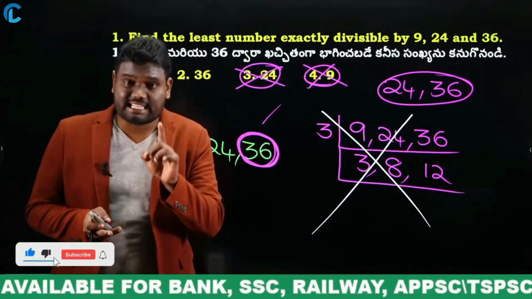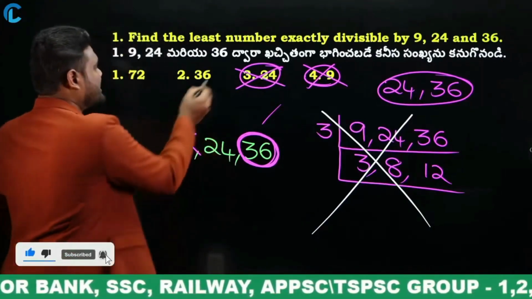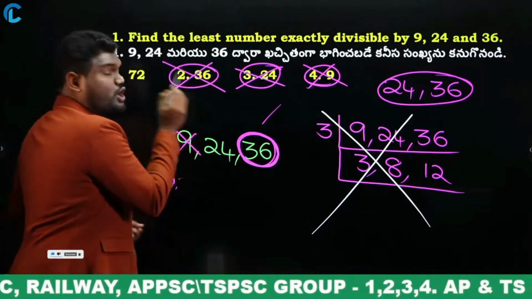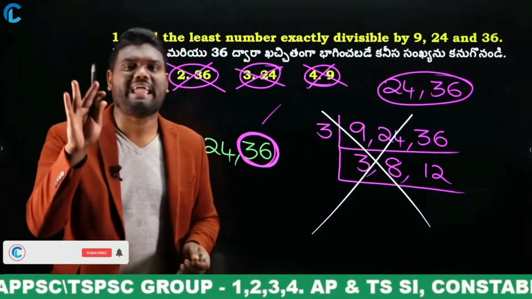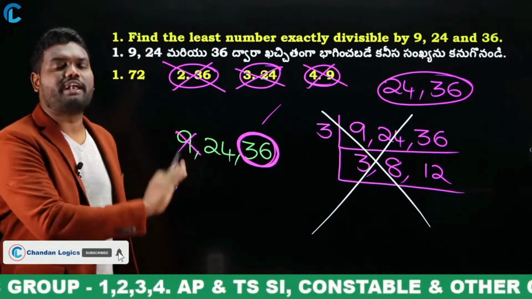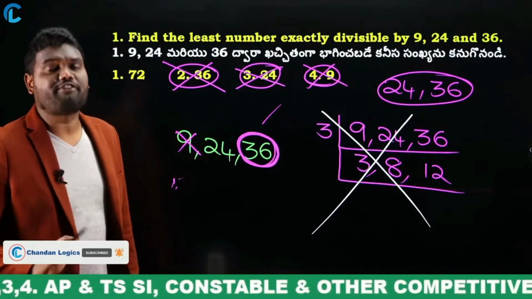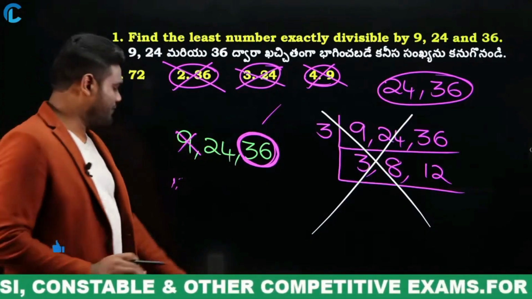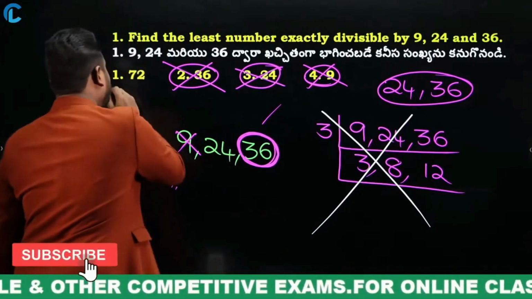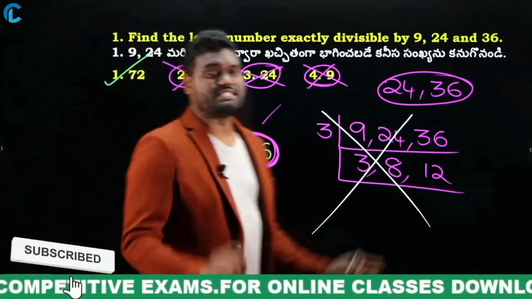But is 36 divisible by 24? No. 36 is not divisible by 24. So 36 cannot be the LCM for 9, 24, 36. Now finally we are left with 72. And the answer for this question is 72.